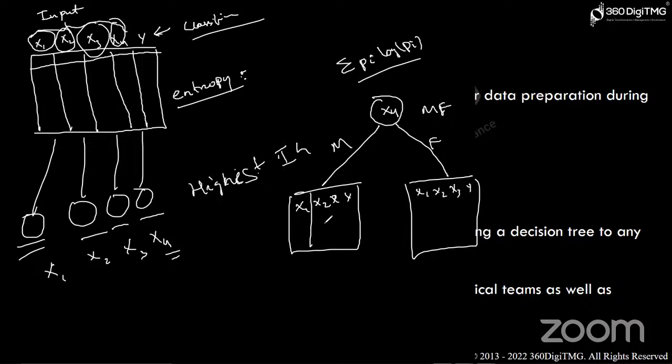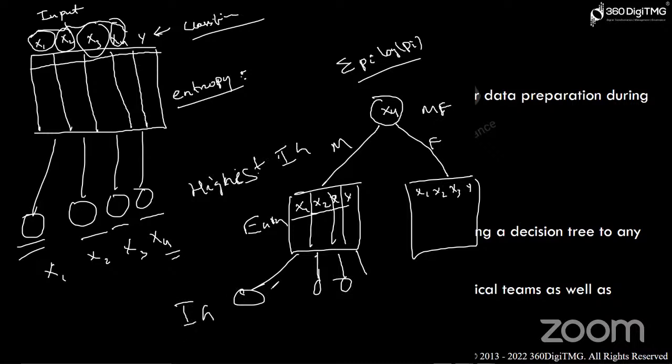Now again, we'll do the same thing as we did here. Again, we'll find the entropy of this whole table. After finding the entropy, we'll find, if we split according to this attribute, or this attribute, or this attribute, what the information gain will be. Here also we'll choose the one with the highest information gain.